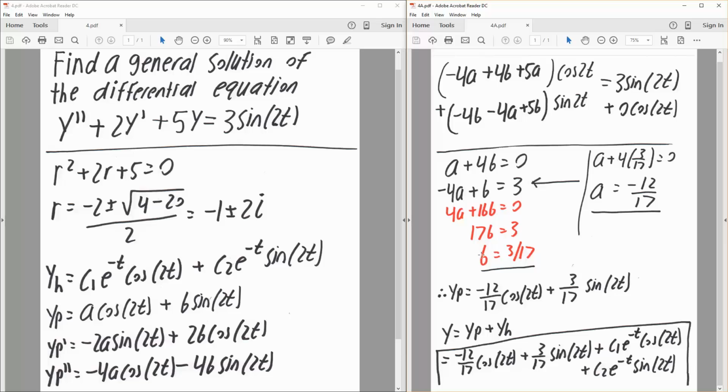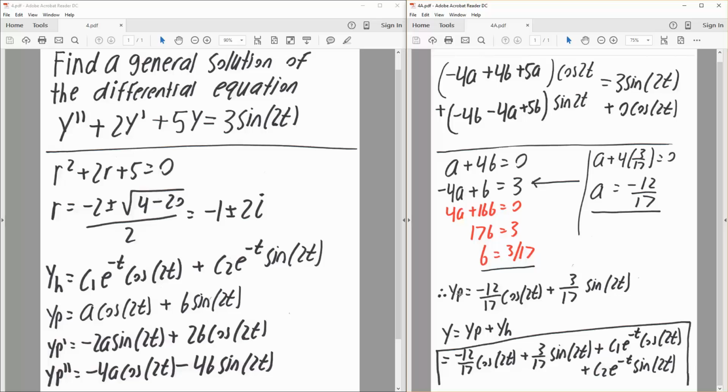And so b is equal to 3 over 17. The next thing is we want to get a. So a plus 4 times 3 over 17 is equal to 0, so a is equal to minus 12 over 17. And so our yp will equal negative 12 over 17 cosine 2t plus 3 over 17 sine 2t.